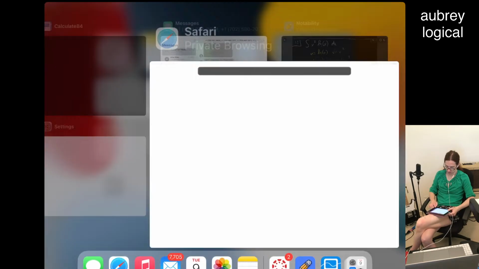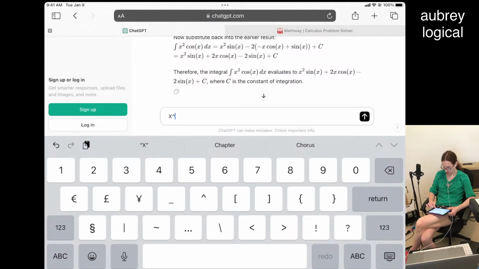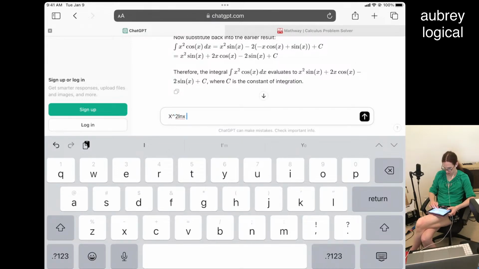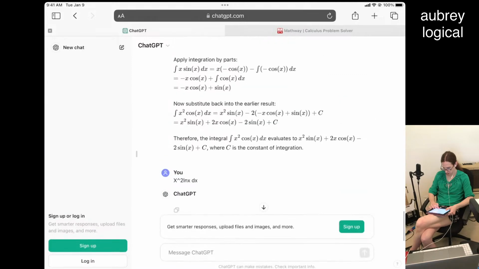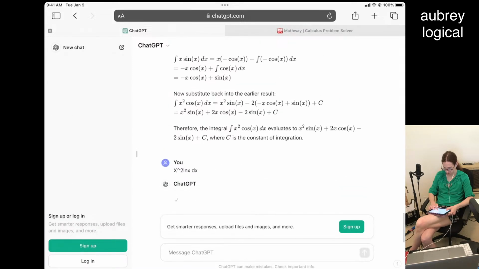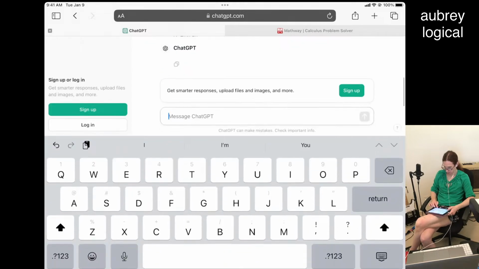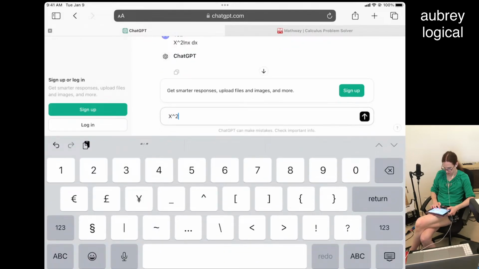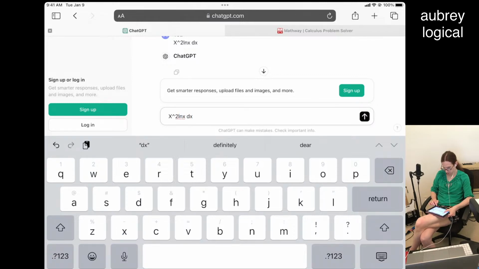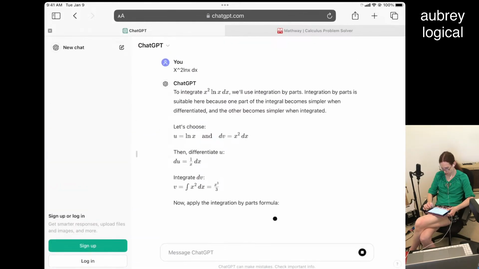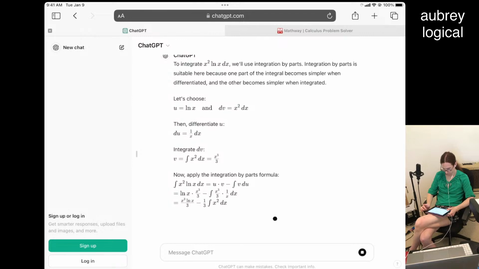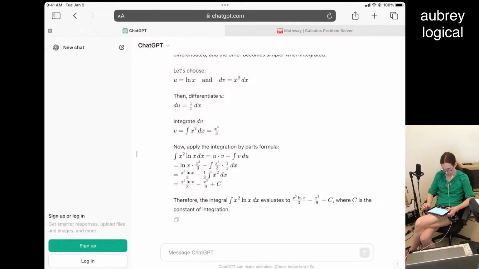X squared times the ln of x dx. I think I got it wrong.